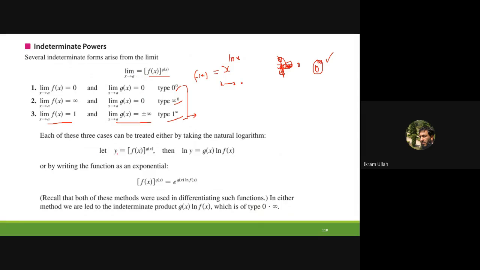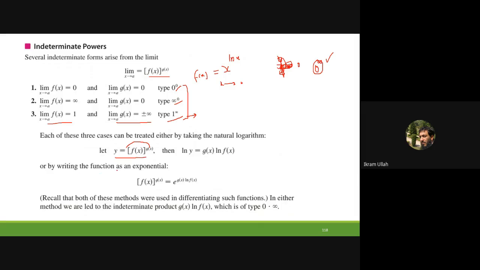We can say that let y is equal to f of x to the power g of x, then applying the natural log on both sides, this is ln of y, and by the property of ln, this will be g of x times ln of f of x.